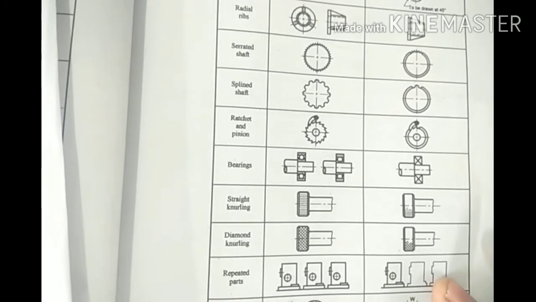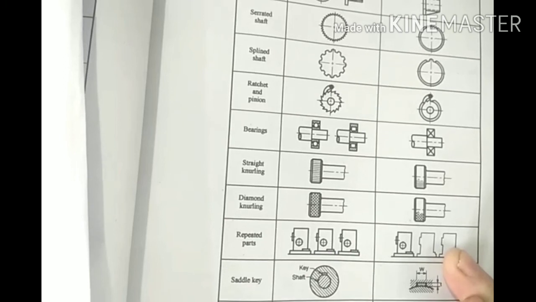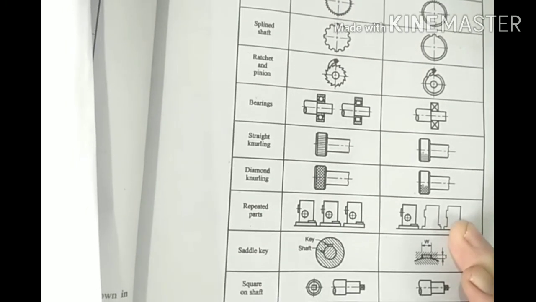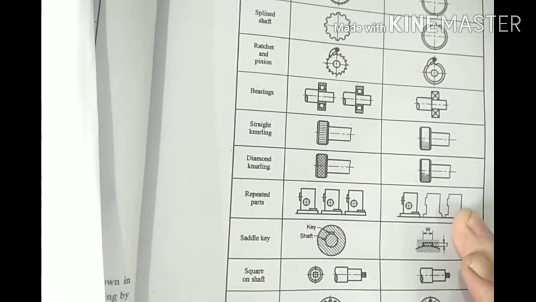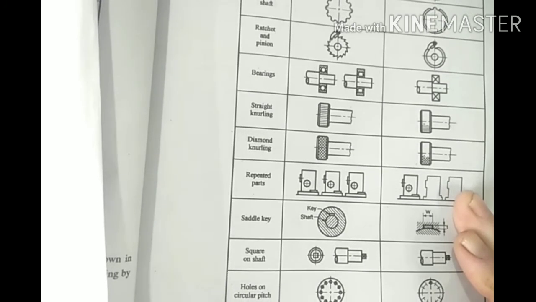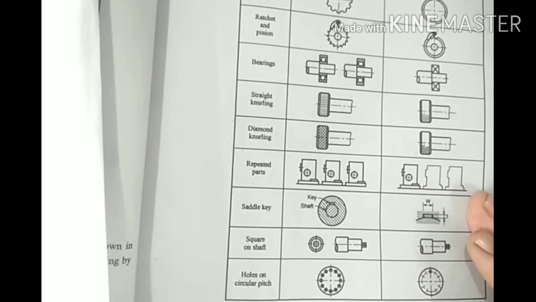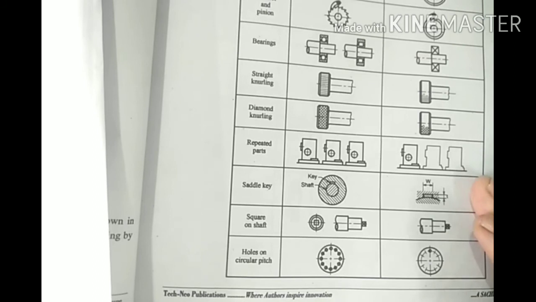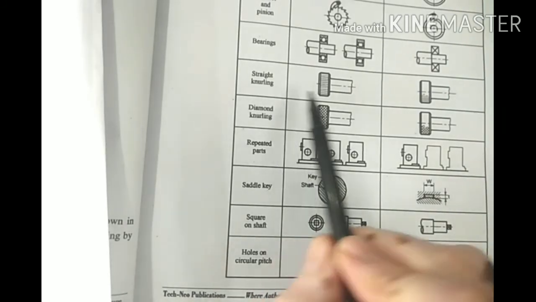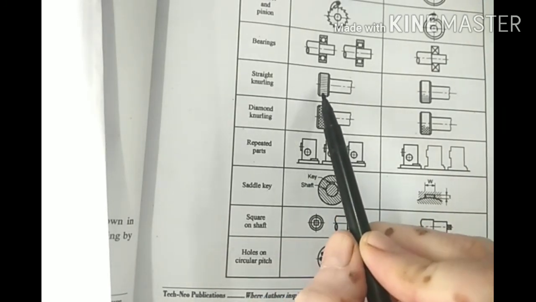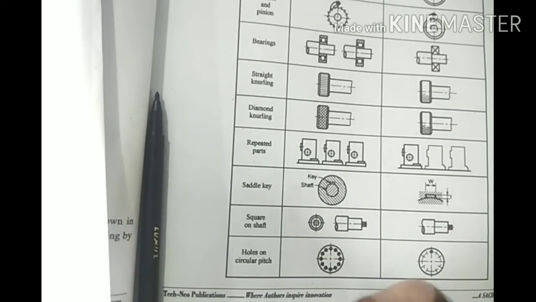Then knurling. In a turning shop or machine shop, you have performed knurling operations. There are two types of knurling: straight knurling and diamond knurling. Straight knurling is used for tightening and loosening, as you might have seen on a vernier micrometer. Diamond knurling is provided for gripping purposes.